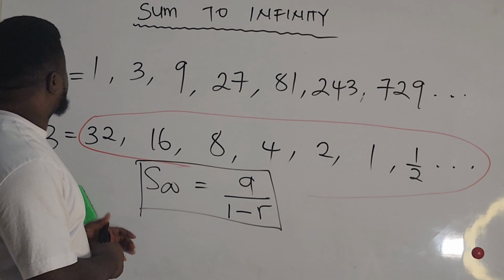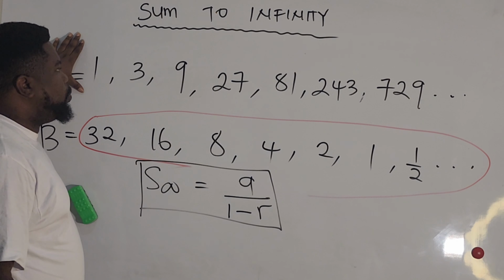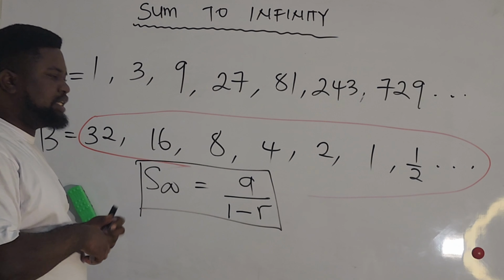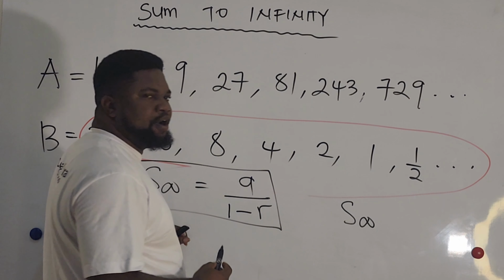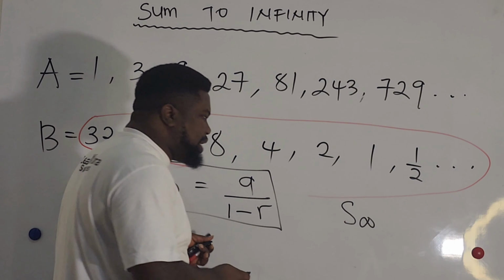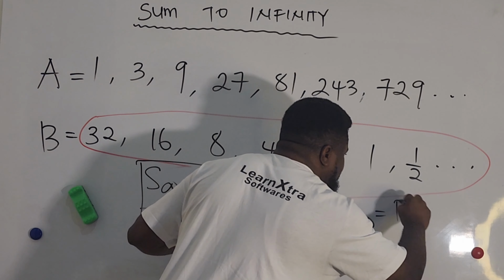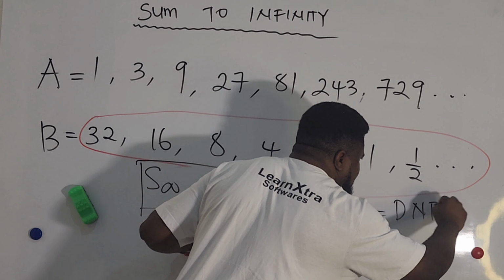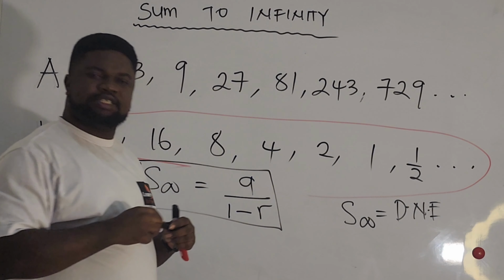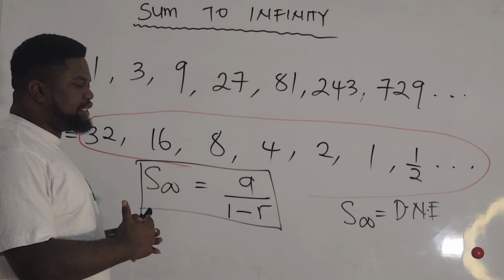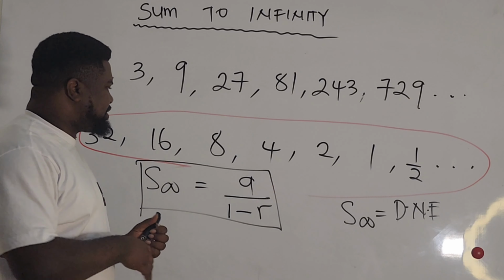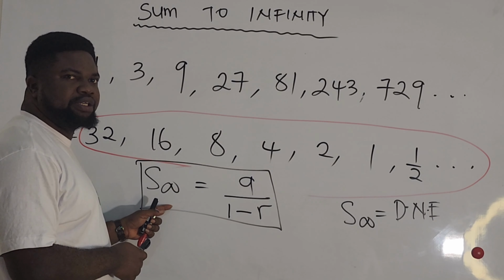But the first sequence, which is diverging, does not have a sum to infinity. Before you can sum to infinity, that sequence must be convergent.